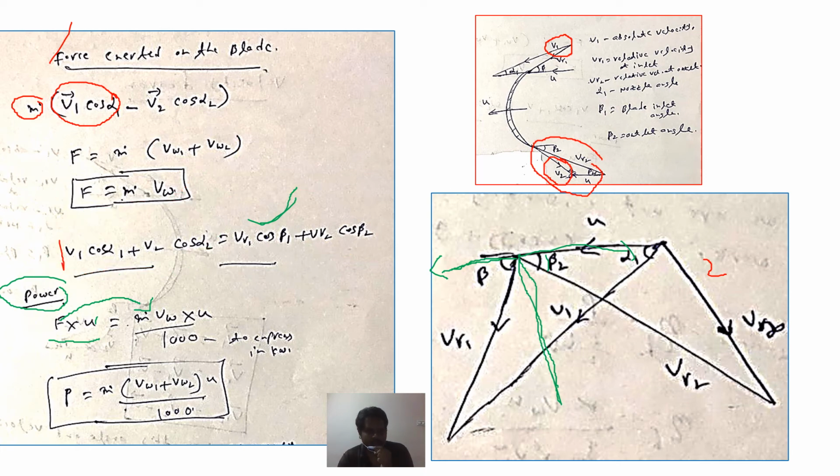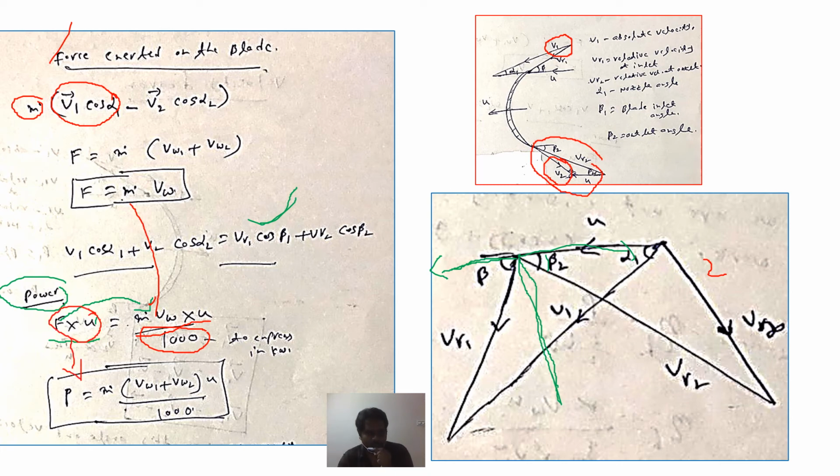Force is m dot into Vw. So the same equation, multiplied by U, and to express in terms of kilowatts I have divided by 1000. This we can write as force into velocity is the power.